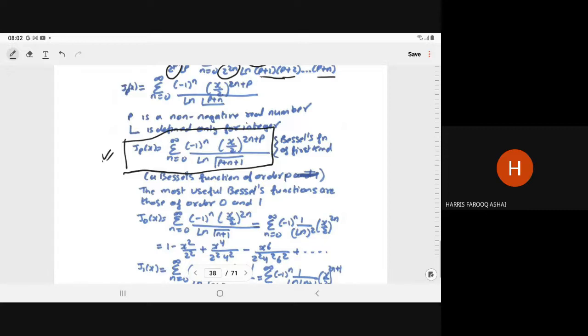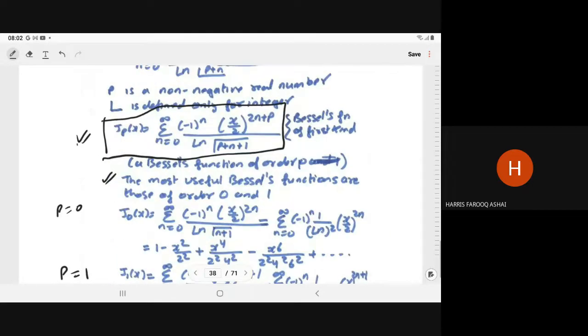The most useful Bessel functions are of order 0 and order 1. When we put p equal to 0 and p equal to 1, we get the two important Bessel series, J0 and J1.